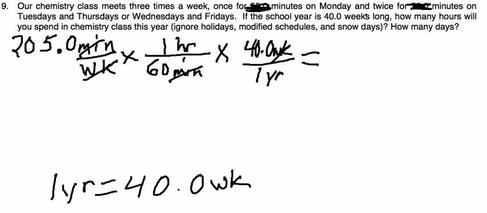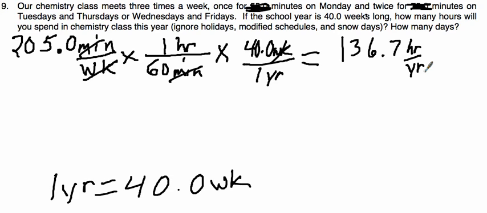But we have to round our answer off based on our input, and our input is 205.0. We already said that was 4 sig figs. So our answer is going to be 136.7, and again, that's hours per year.